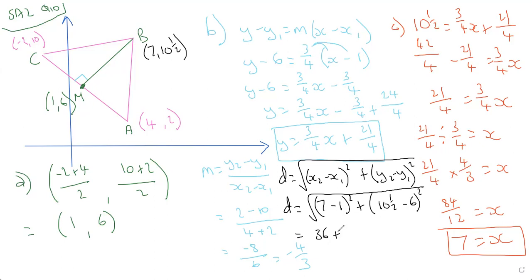So 4.5 squared is going to give us 20.25. And again, I'm square rooting all of that. So the square root of 56.25 is 7.5. So the distance of that line is 7.5 units.